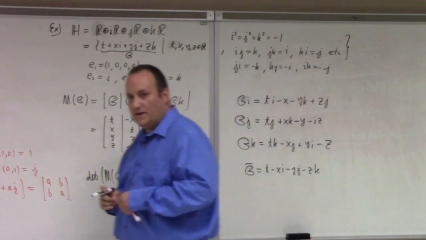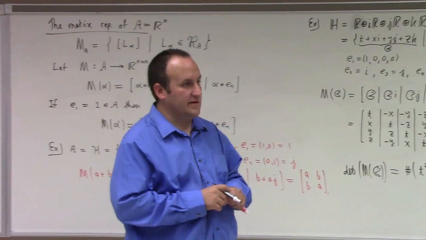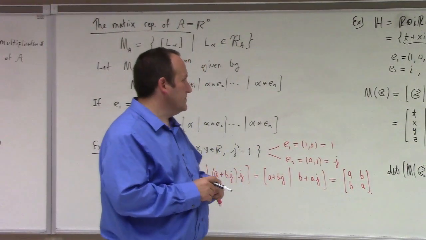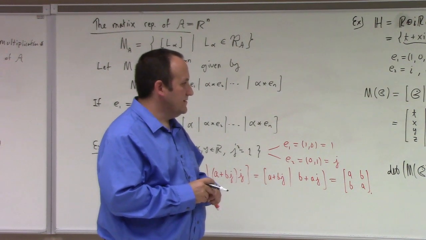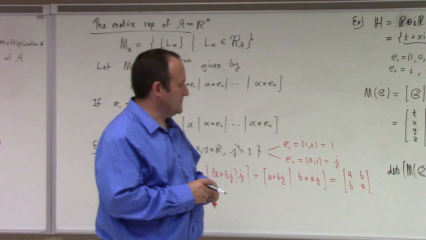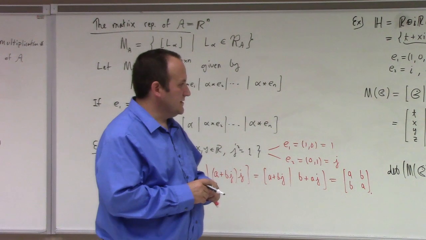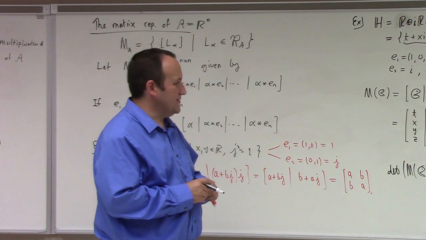You can define a quaternionic conjugate which flips the signs of everything. And I think Pac-Man times Pac-Man bar is something nice. I forget exactly what it is, but it's something nice. It may actually be the sum of squares.